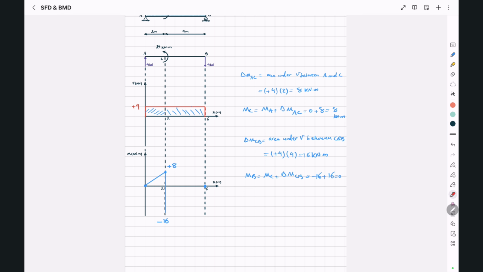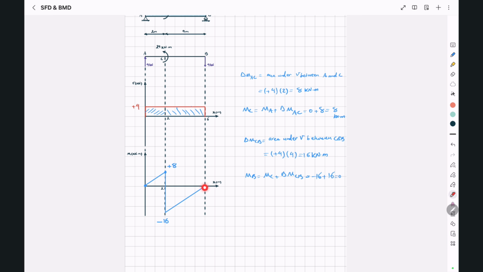And now again, using the fourth principle, we can say that at any point between these 2 points C and B, the slope of our moment diagram will be equal to the intensity of our shear at that point. And this intensity is constantly equal to positive 4. So we can connect these 2 points by drawing a straight line.